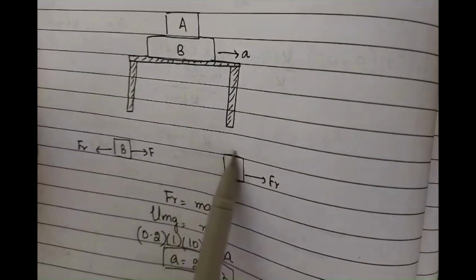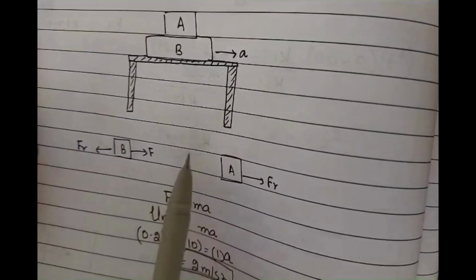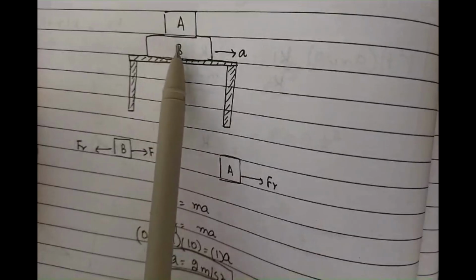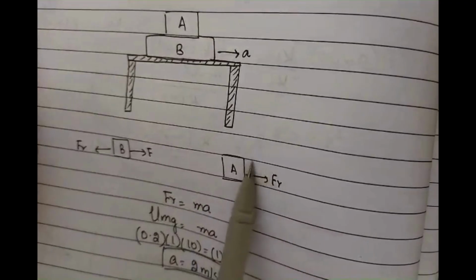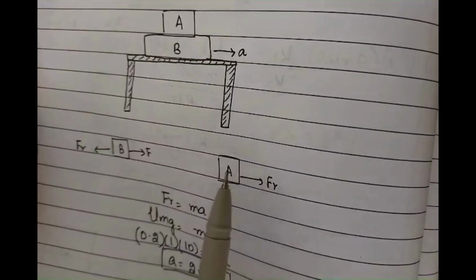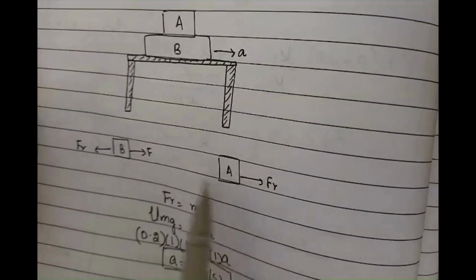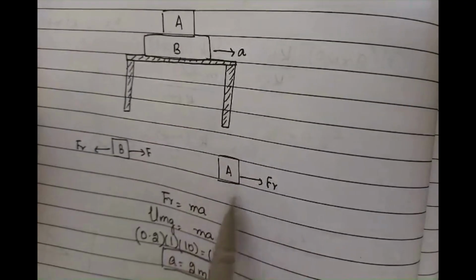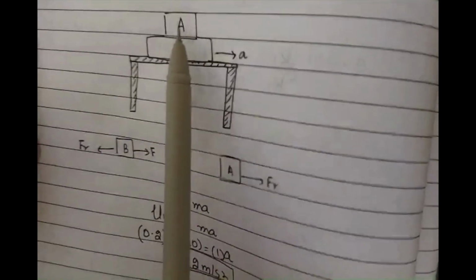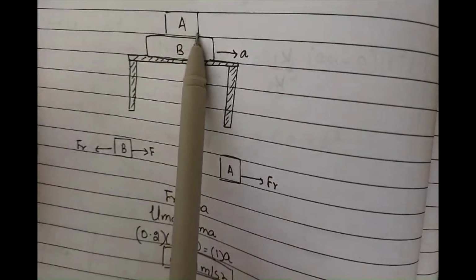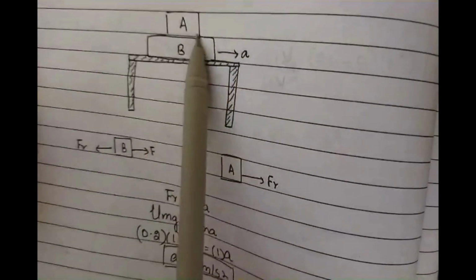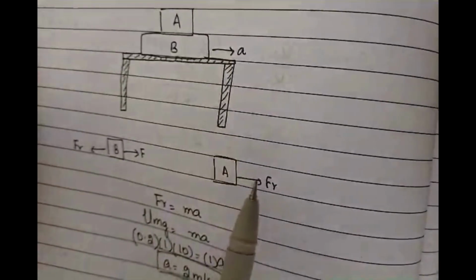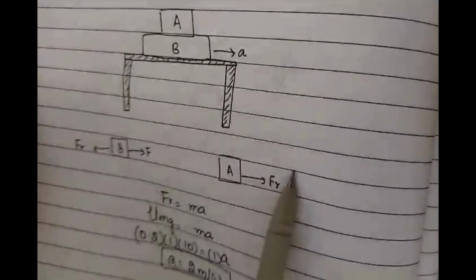But block A, on the other hand, has a tendency to stay where it is because of its inertia, so it has a tendency to stay back, but it keeps moving forward along with B. So the force of friction, which is acting in the opposite direction of its tendency of motion, is what causes this block A to accelerate in the same direction as that of B. Since A has a tendency to remain where it is, its tendency of motion is in the backward direction. However, friction opposes this tendency of motion and causes it to move along with B. So the accelerating force for block A is the force of friction itself.